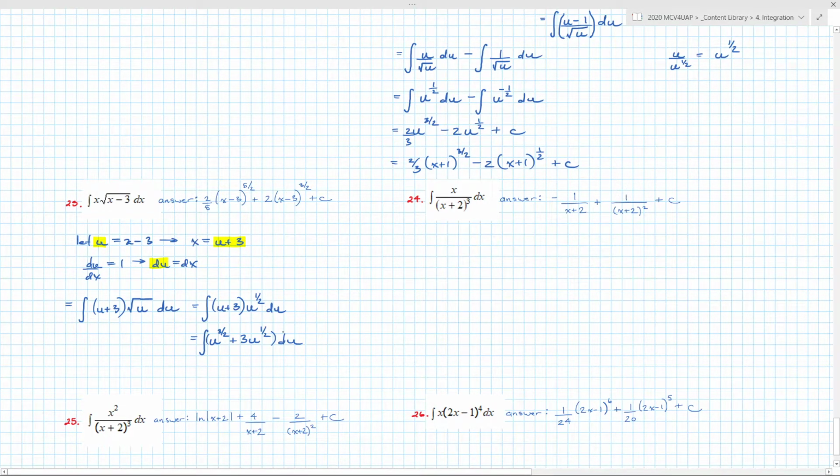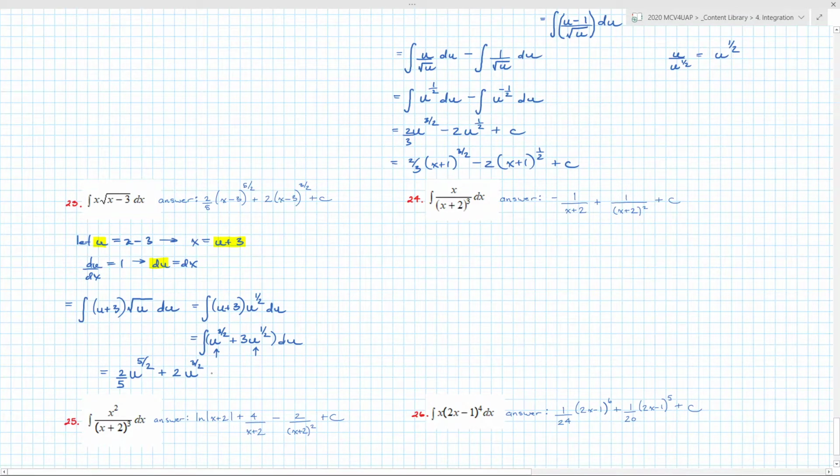Plus 3 times u to the 3 over 2 divided by 3 over 2, which is the same as multiplying by 2/3. So when I multiply 3 by 2/3, I'm just left with 2 here, plus a constant.